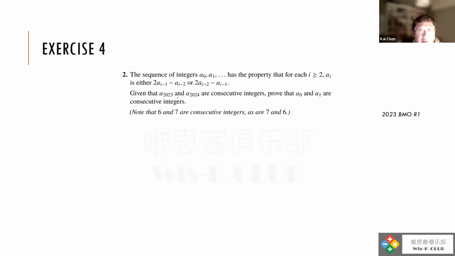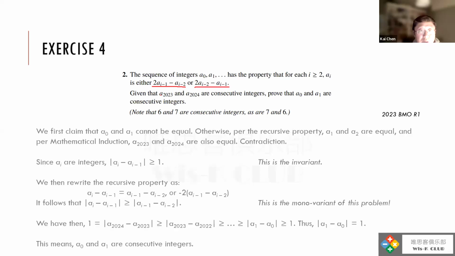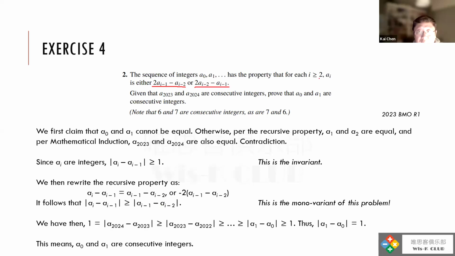Very interesting, because it says that for a sequence, there is also a recursive function, but it's either-or. It's not determined. You see a_i is 2 times a_{i-1} minus a_{i-2}. So you see immediately it's something about the arithmetic sequence, right?